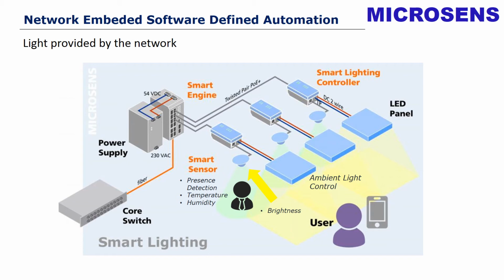Up to this point we have network. Here's the power supply of each LED, and this is the sensor. With the smart sensor we cover presence detection, temperature and humidity, and also brightness. So this is a typical sample for PoE-fed lighting directly out of the network.